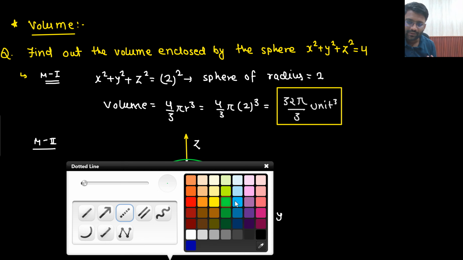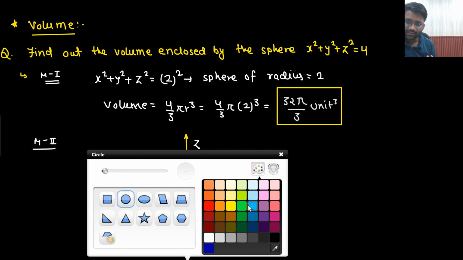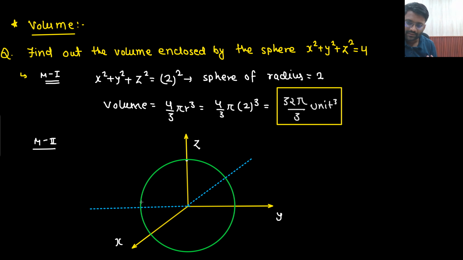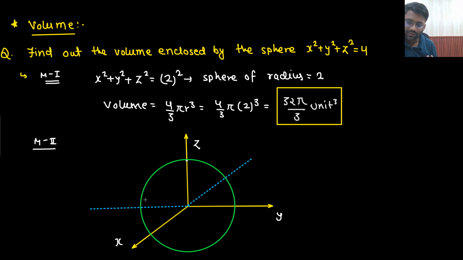And I will do one thing. I would show the circle in the xy plane as well, which will look somewhat like this, so that the structure looks 3D. Otherwise it looks like 2D, right?